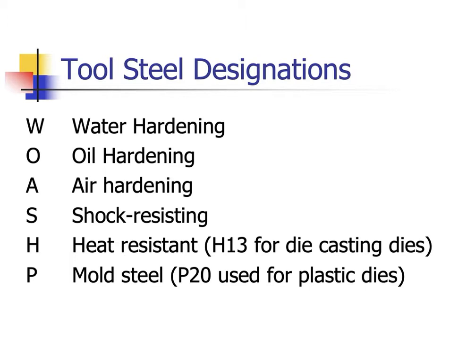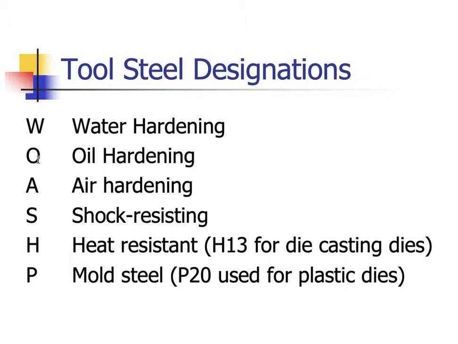So I might make an S type steel. Now, S type steel has like S1, S2, S3. So you'd see this letter and a number, okay? So A2 is a real popular one. And I'm going to tell you right now that what you're doing for your screwdriver, that little rod that you're using, that is an O1 oil hardening tool steel.